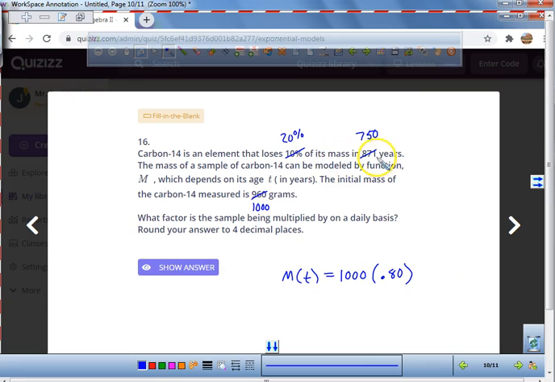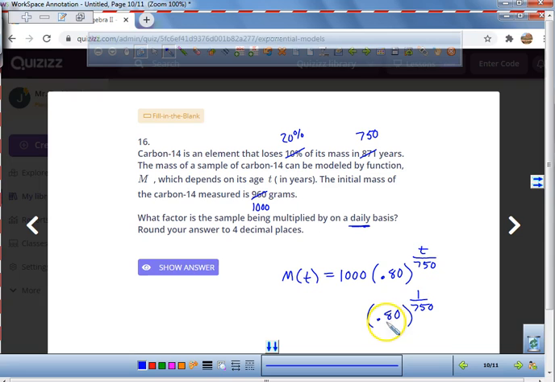And if it loses it every 750 years, that means it's t over 750. But if I wanted to figure out what it does on a daily basis, that means it's going to be 0.80 raised to the power of 1 over 750.